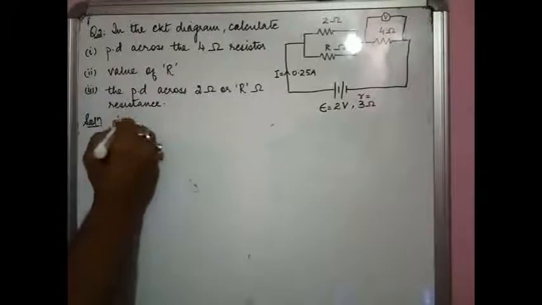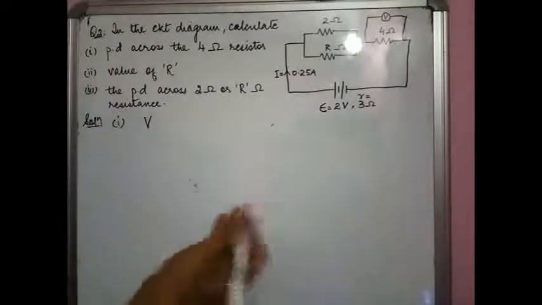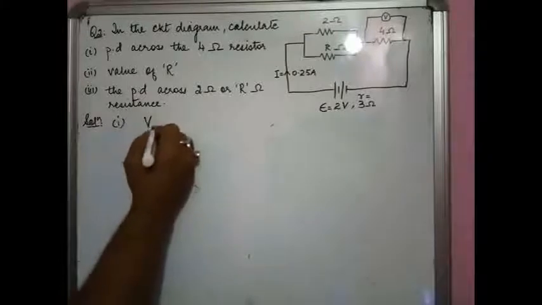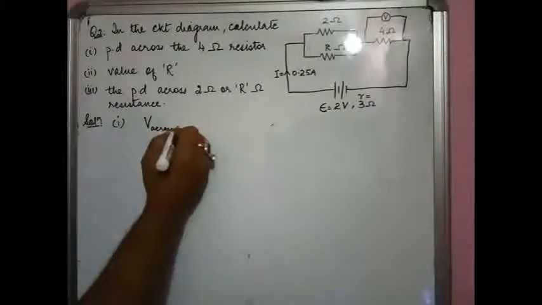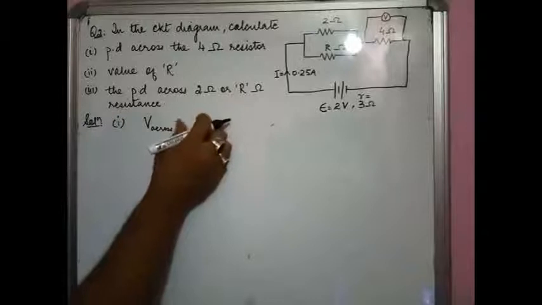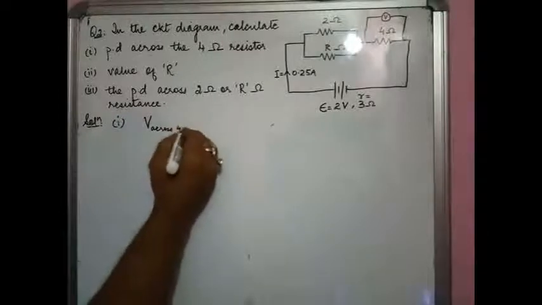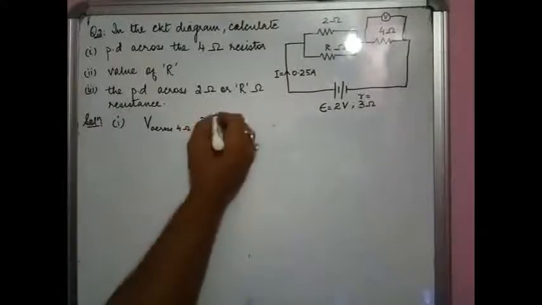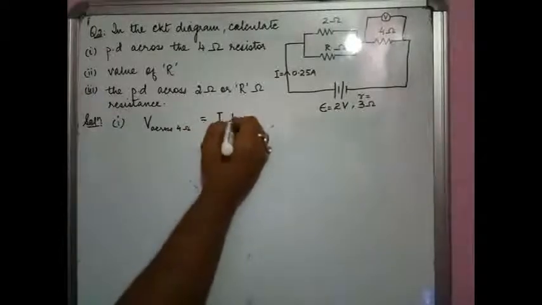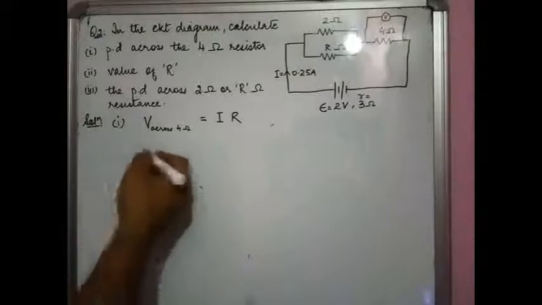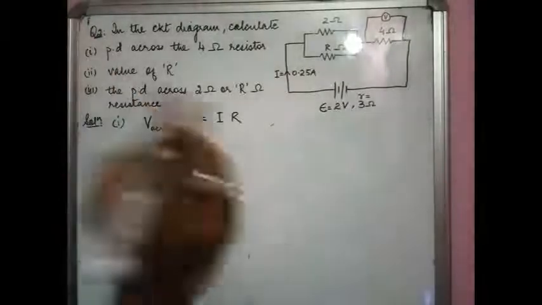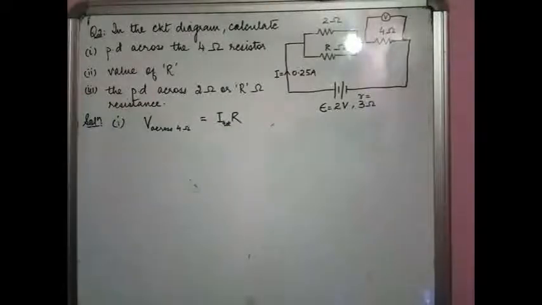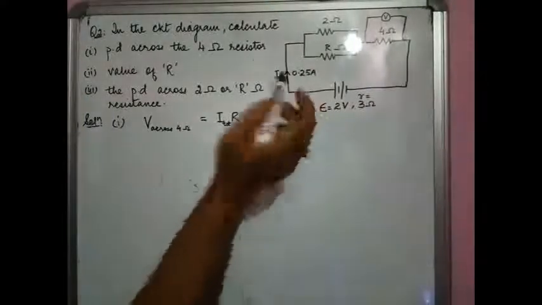So potential drop, which is always going to be represented with a V, potential drop across 4 ohms is nothing but voltage, so it is going to be represented by the formula IR. Again, V is equal to IR, Ohm's law. The only thing here to note is that this I will be the total I, which is already given. Why?